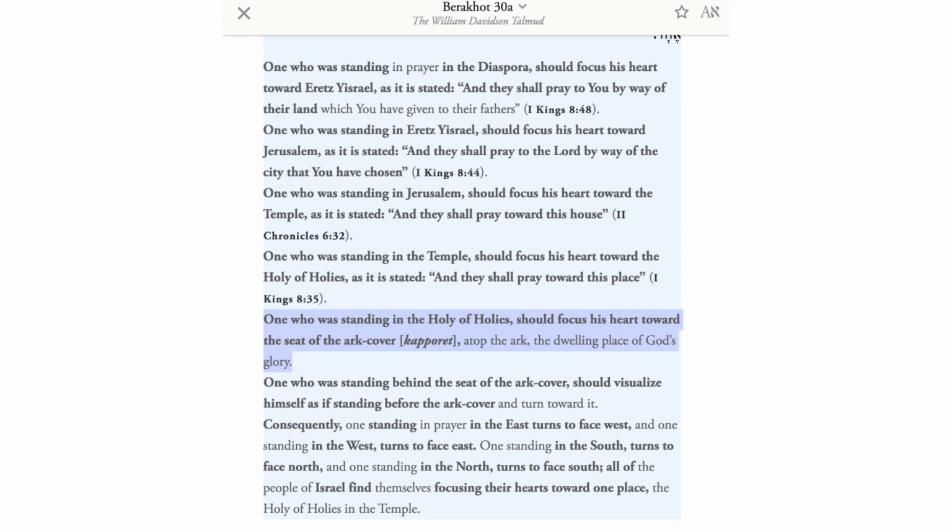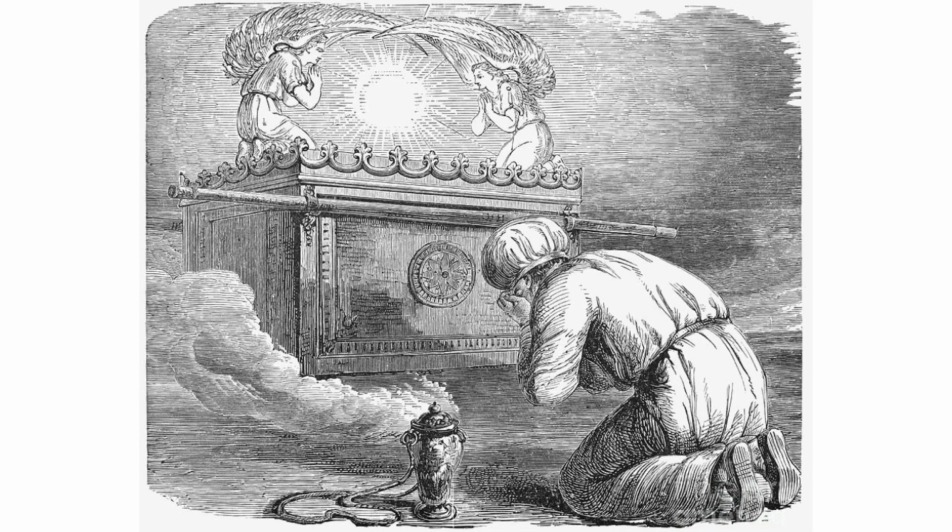So atop the ark, which is what they say is where the dwelling place of God's glory is, right? And so one who is standing behind the seat of the ark cover should visualize himself as if standing before the ark cover and turn towards it. So you're supposed to turn towards the Ark of the Covenant. And you see here, this is how this would look if we think about Joshua bowing or falling face down towards the Ark of the Covenant, or we think about Jews praying in the direction of the ark, which hosted these cherubim on top of them.